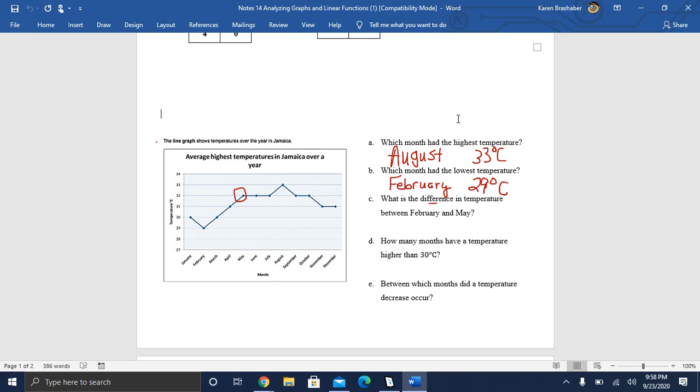So May is at 32 degrees, and we're looking at February, which is at 29 degrees. So I'm going to write those in. February had 29, May had 32. We want to know what the difference is. So 32 minus 29, that difference would be 3 degrees Celsius. So 3 degrees.